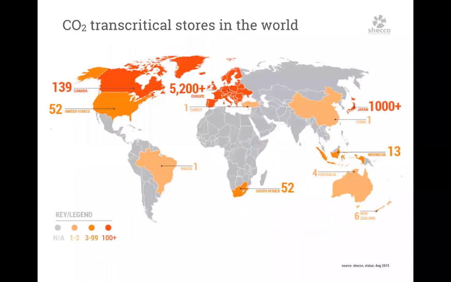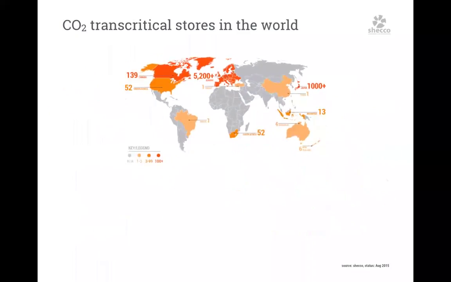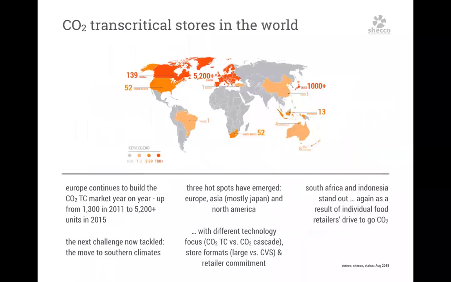It's always good to get a global perspective on how we are doing. This is an updated map. We update this quite regularly. We did that just before the launch of the Guide North America. Again, some of the main messages here. Europe's still leading in terms of CO2 transcritical solutions.